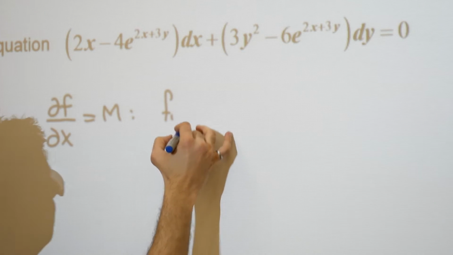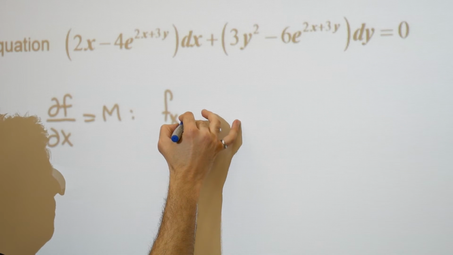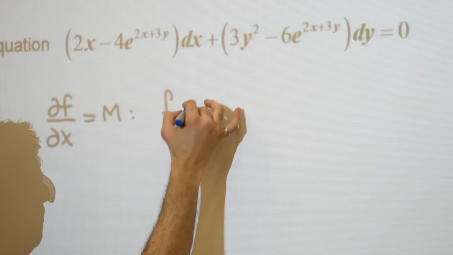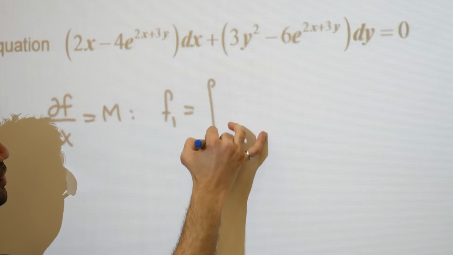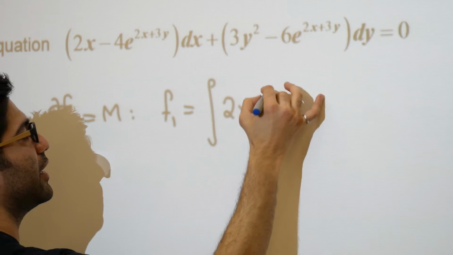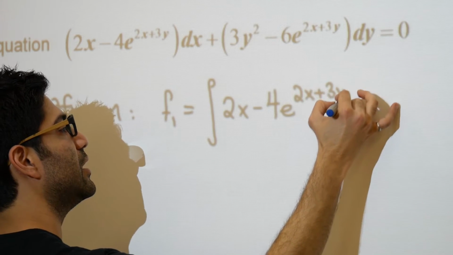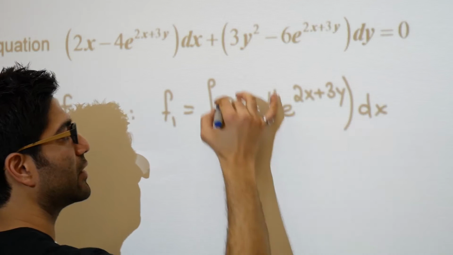We'll call it f1, since we're using the first method. It is the integral of 2x minus 4e^(2x+3y), and we're going to integrate this with respect to x.